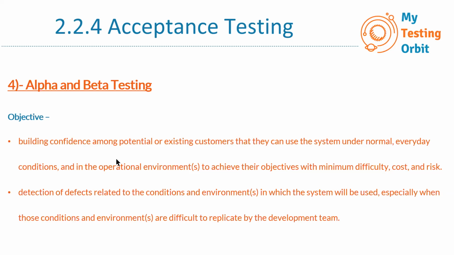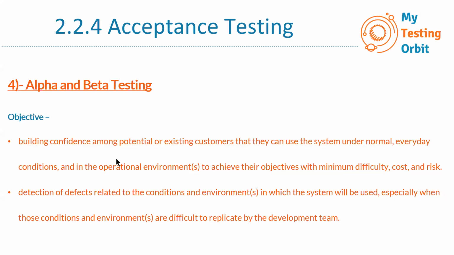A system tester can't do that testing. It is done by someone involved from the operations team. They have to make sure that all the disaster recovery procedures are in place. Then a system tester can help in that case.